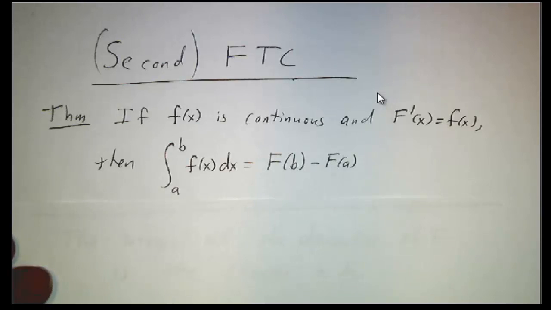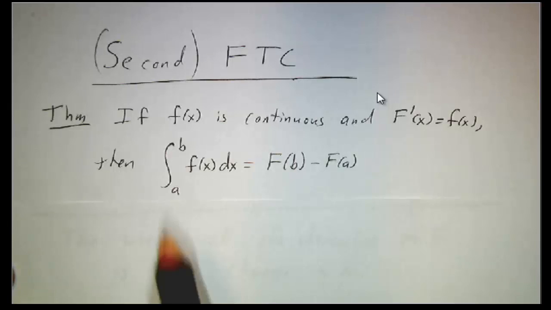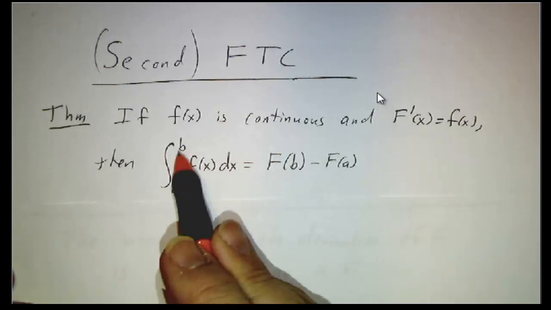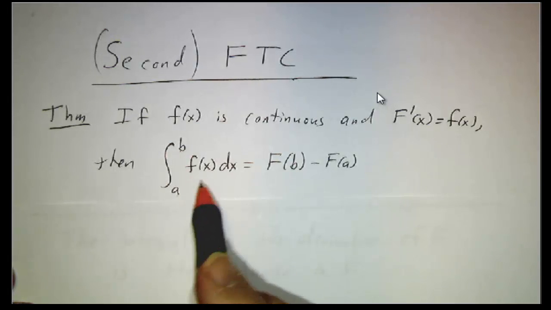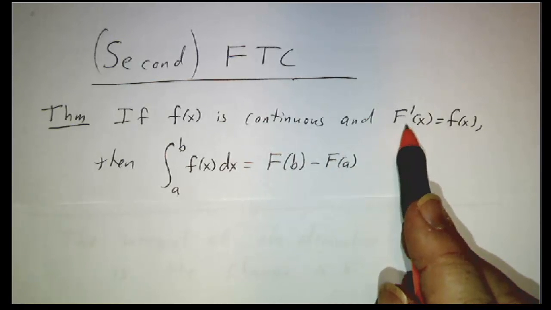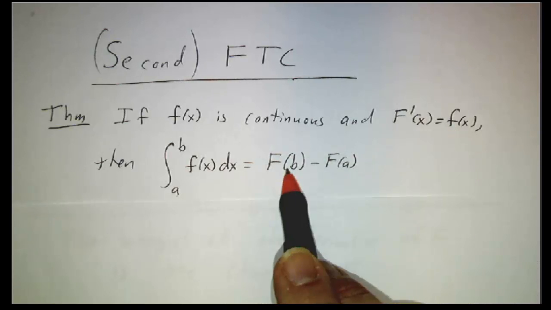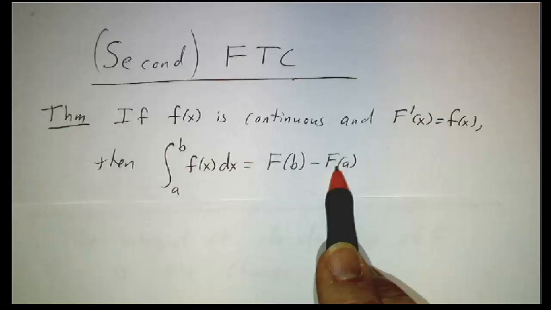It says that if you have a continuous function and you want to compute its definite integral from a to b, then the way to do that is to find an antiderivative and evaluate that antiderivative at the endpoints.